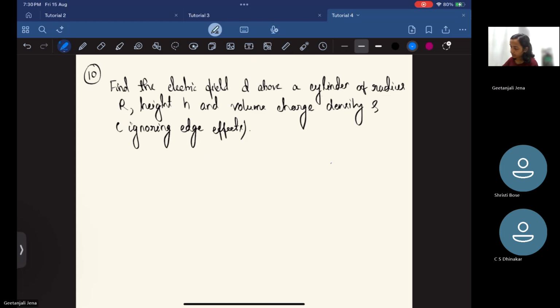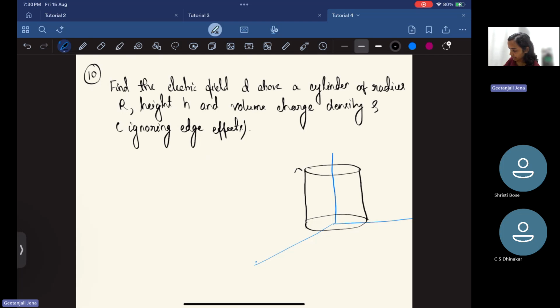So there is a cylinder with radius R, height H, and the distance is D. It is asking you to find the field here at the point P.